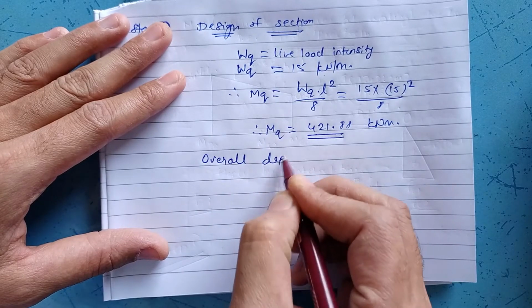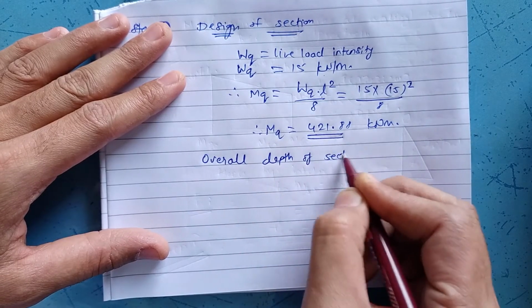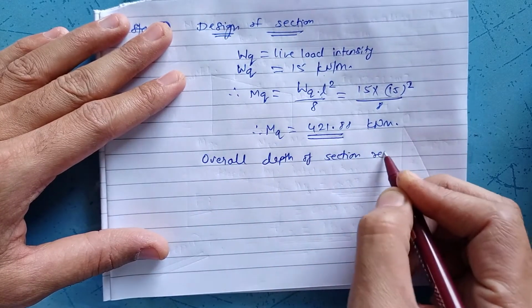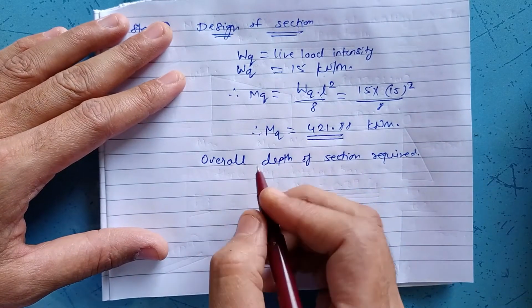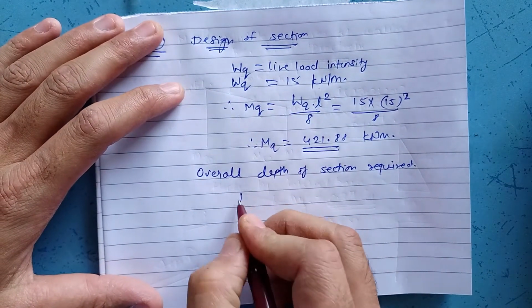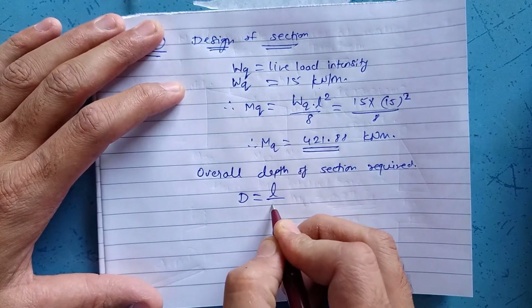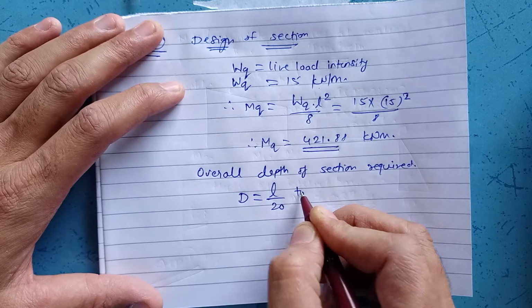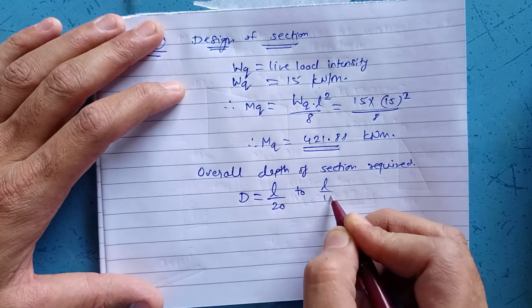Now, the overall depth of section is required. You can calculate the overall depth by this generalized equation or empirical formula, L by 20 to L by 18.